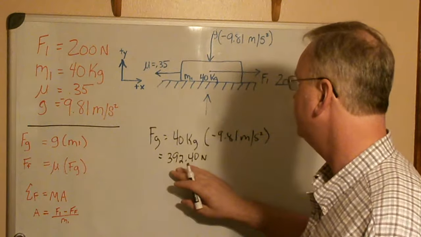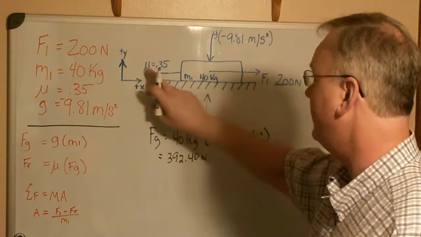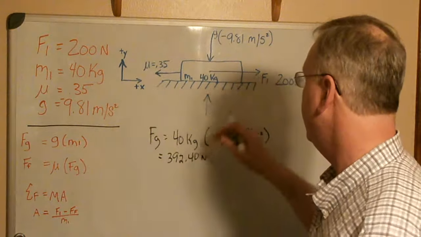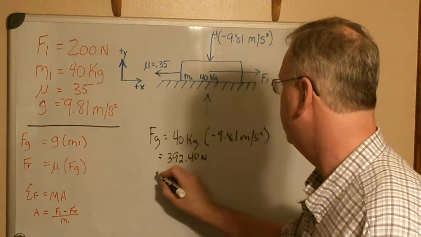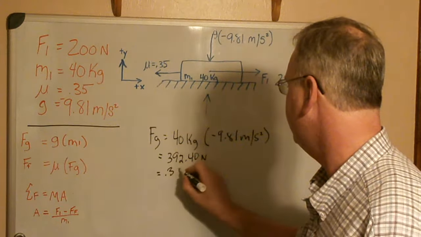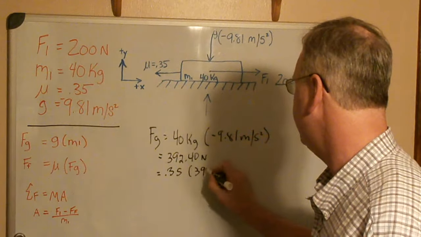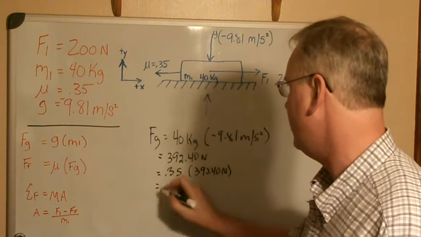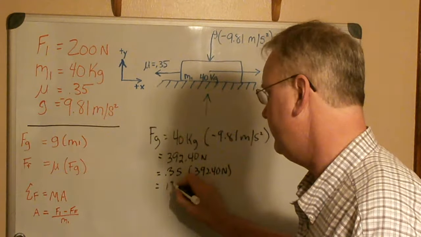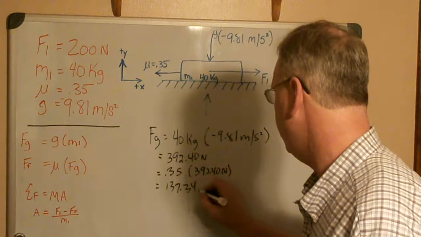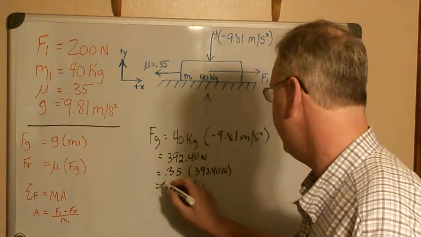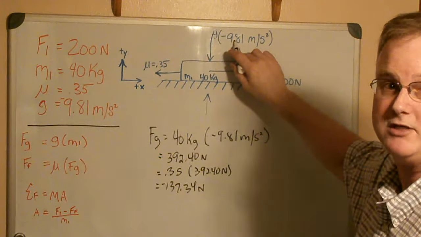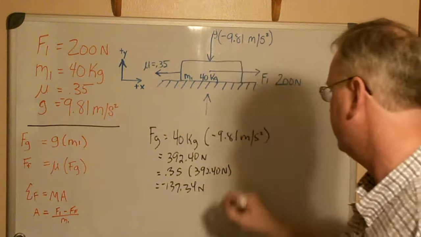We will take this figure and multiply it times mu, which is our friction coefficient. And we find that 0.35 times our 392.40 newtons lets us arrive at 137.34 newtons, and that should be a negative because our gravitational force is a negative acceleration.